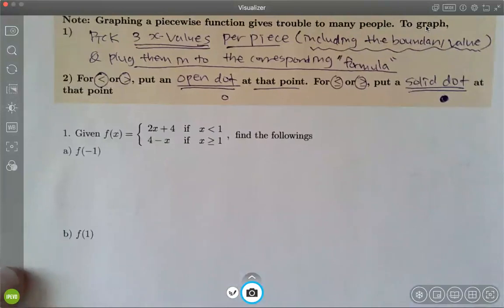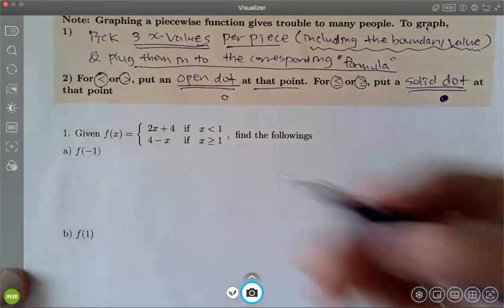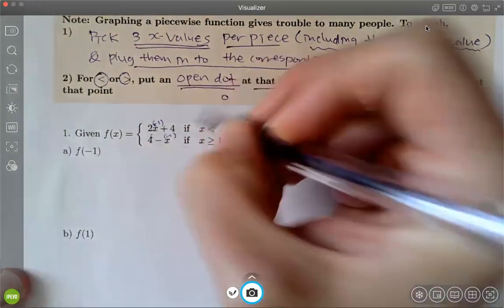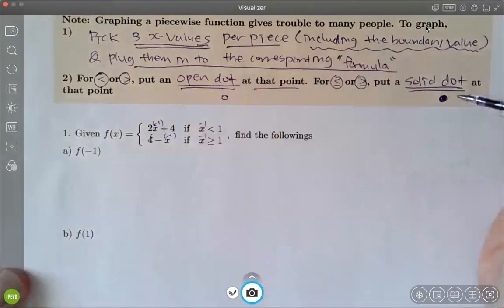Now here, so far what we did was, there is a number inside parentheses, so we have to plug in that number to x. That's what we have done so far. Now here, can we plug in -1 to here, and here, and here as well? Can we do that?